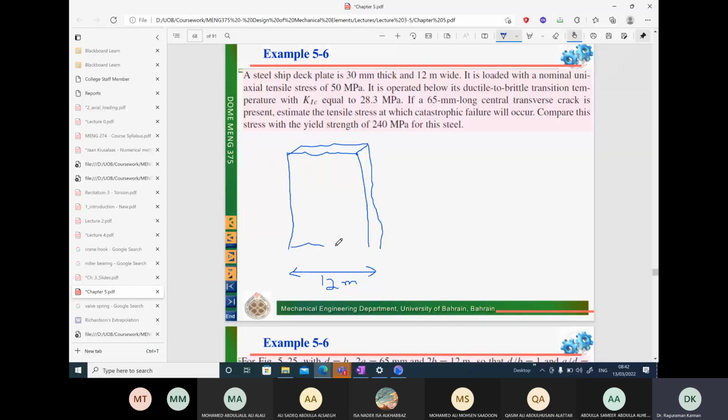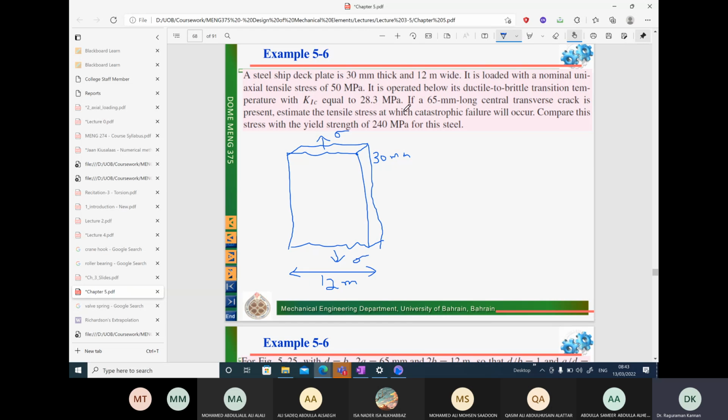This is the plate we have, 30 millimeters thick. It is loaded with a nominal tensile stress. We are directly given the stress: sigma value is 50 megapascals.